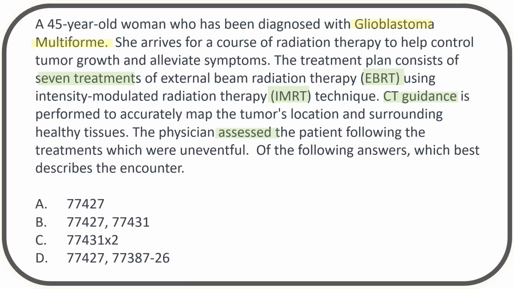CT guidance is performed to accurately map the tumor's location and surrounding healthy tissues. The physician assessed the patient following the treatments, which were uneventful. Of the following answers, which best describes the encounter? All right, your time begins now.